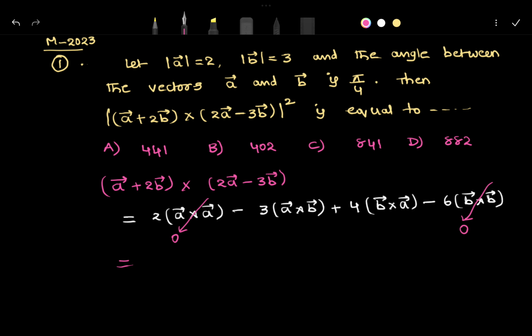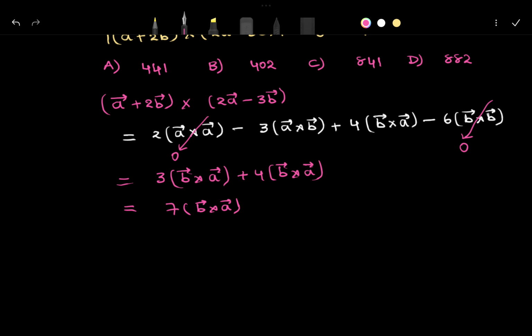The remaining is minus 3 into A cross B plus 4 into B cross A. Minus A cross B you can write as B cross A. So this is 3 into B cross A plus 4 into B cross A. Totally this value is 7 into B cross A. You can also write minus 7 into A cross B.